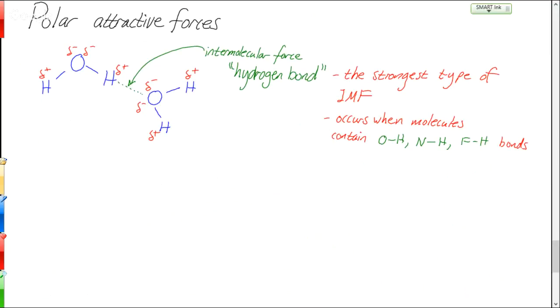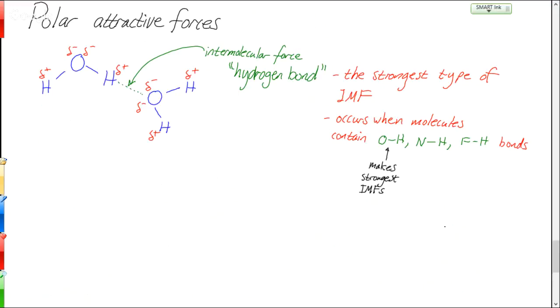And we can also note here that OH makes the strongest connections. So it's not that an OH bond itself is strong. It's that an OH bond is very polar and can allow these molecules to connect with each other.